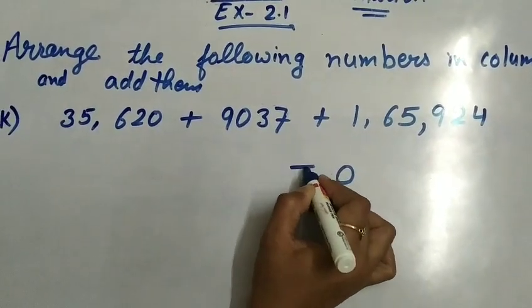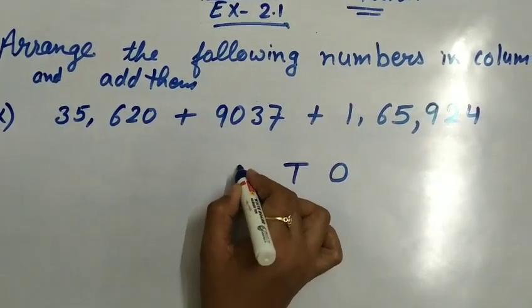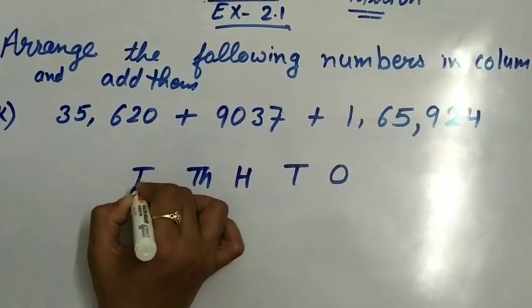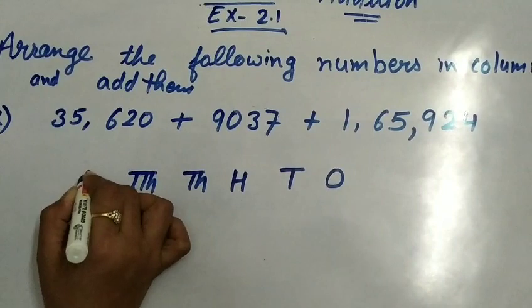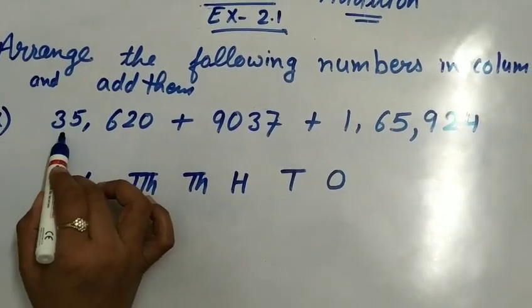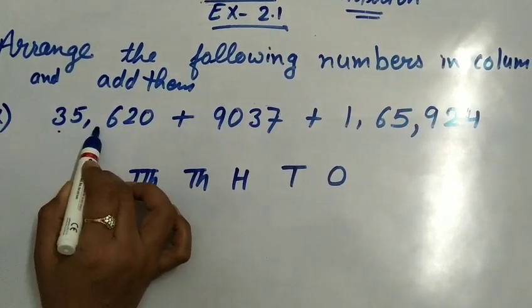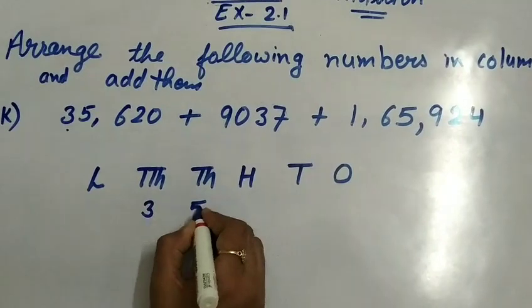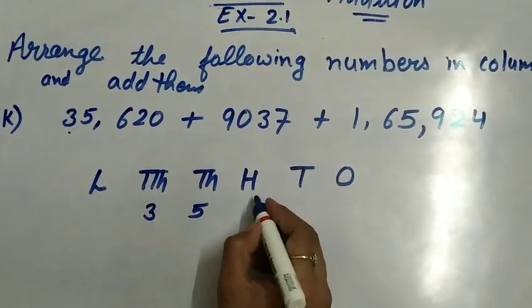First ones, then tens, hundreds, thousands, 10,000, and lakh. See the first number. The first number is 35,000. It means we have to write the first number from the 10,000 place.